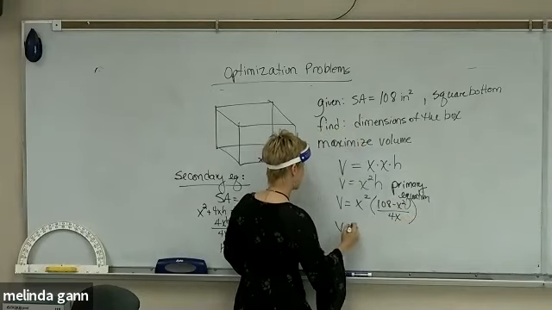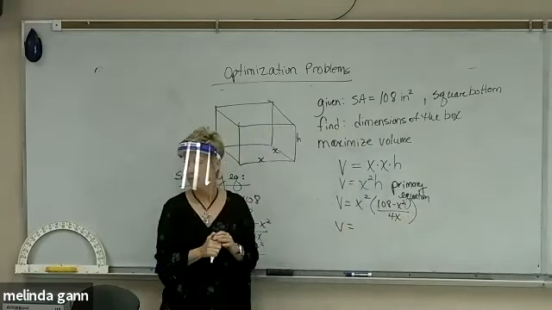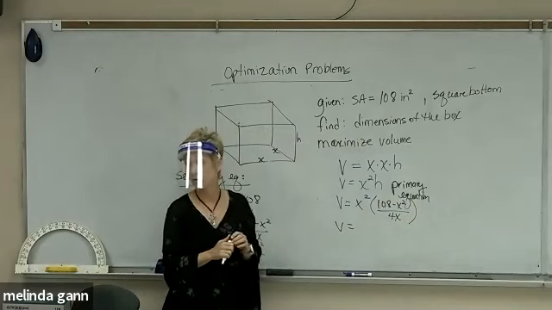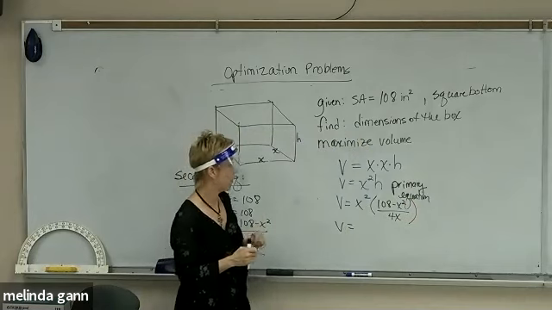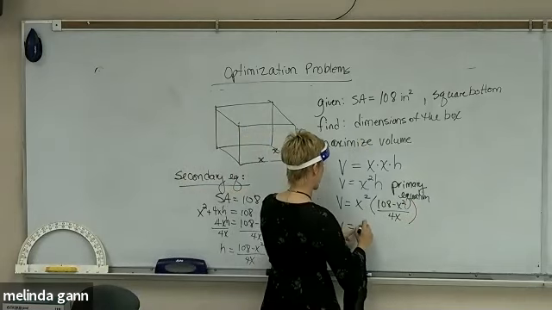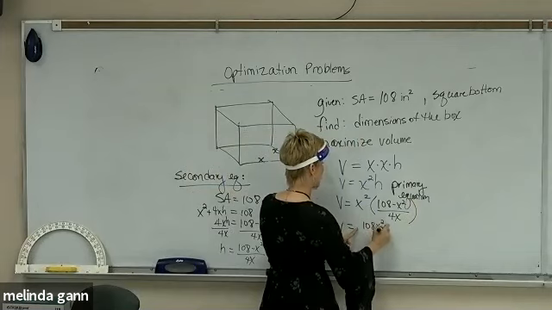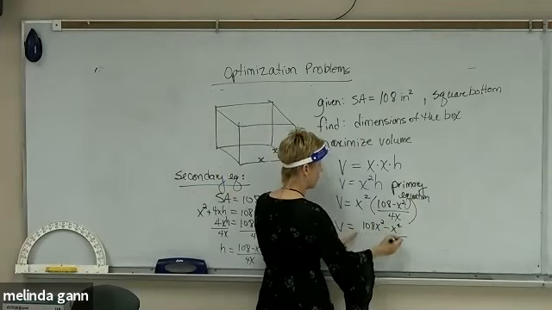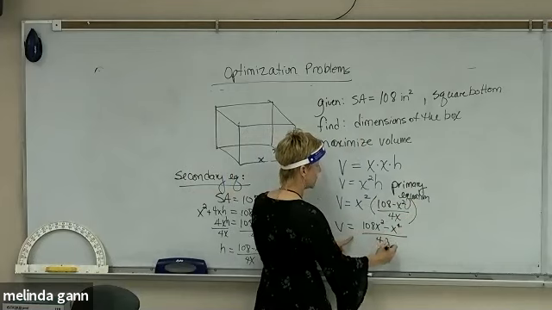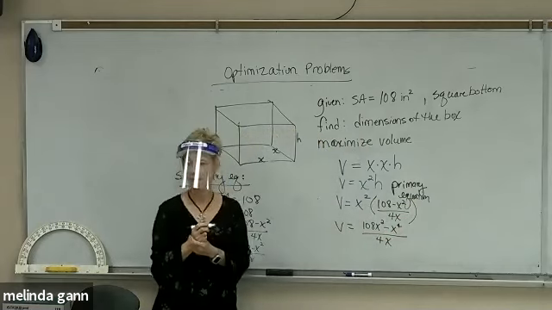Now, let's see if we can clean that up any. Can I make it look a little bit better? Well, let's do it the long way. All right, do we understand I have 108 x squared minus what? x to the 4th, all over 4 what? x. What can I pull out of the top?